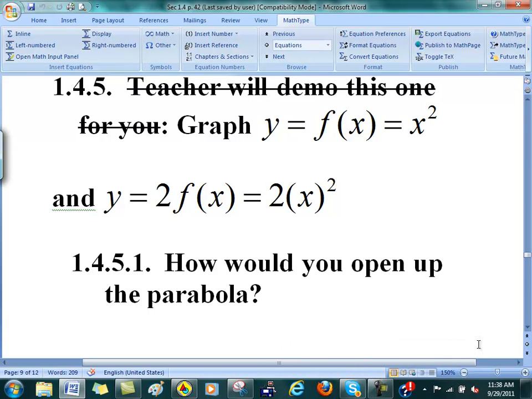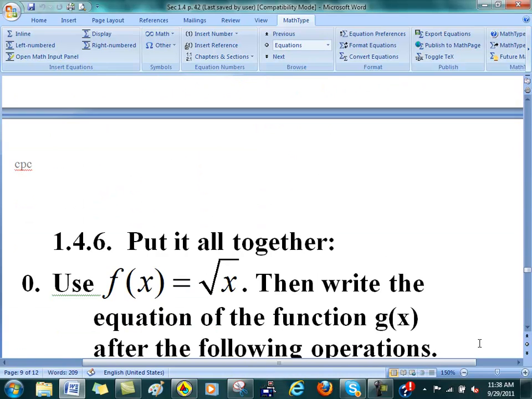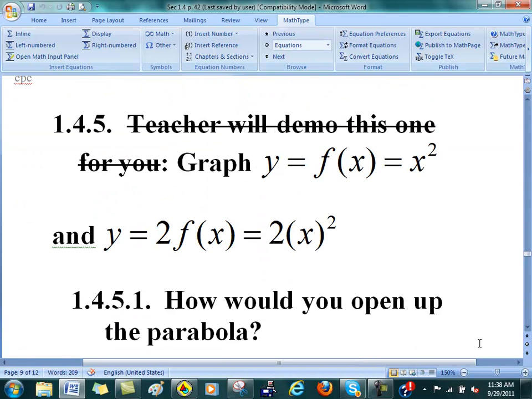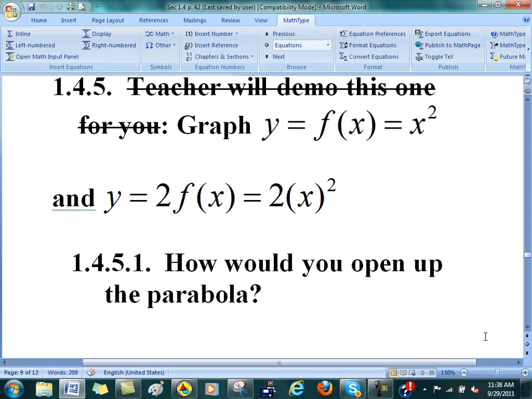If you multiply by a number more than 1, it's going to kind of shrink in like that, collapse in. I don't like the notation that you were taught in Algebra 2 in that Holt book. It's extremely confusing because they tell you to take a reciprocal and then, if you want to open it, you do this. The process that we talk about is just called scaling. This process of multiplying the function by a number, whether it's more than 1 or less than 1, is called scaling.